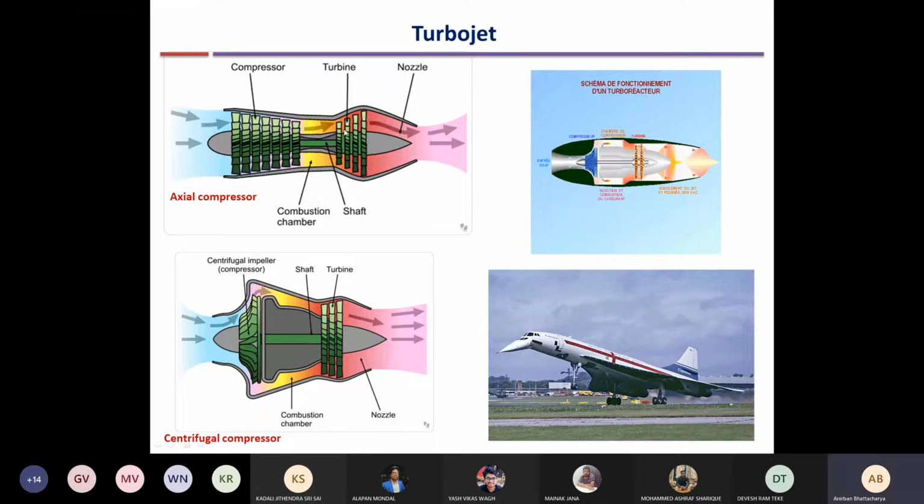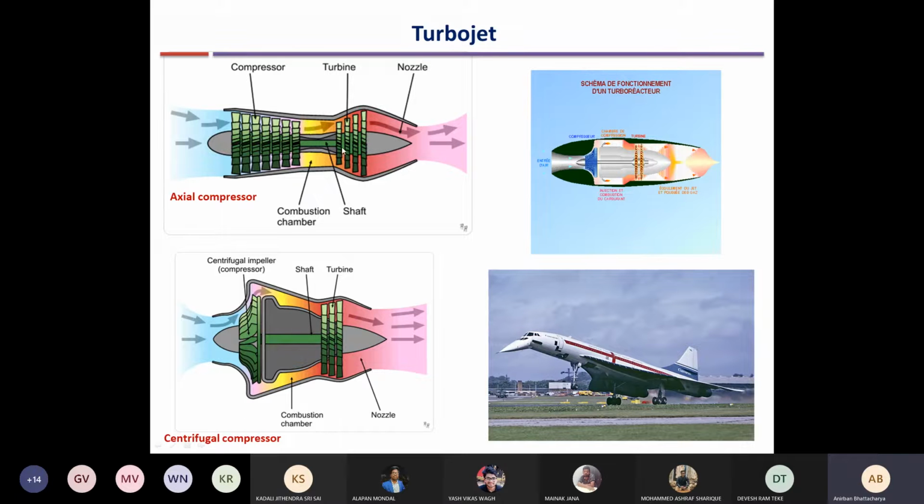So after the combustion chamber, the combustion products go through multiple stages of turbine, where basically the flow loses its enthalpy. So the energy, because it was at very high temperature after combustion, it had very high energy. It loses its energy and rotates the turbine blades.